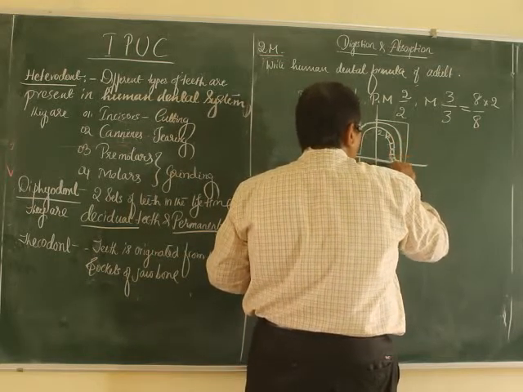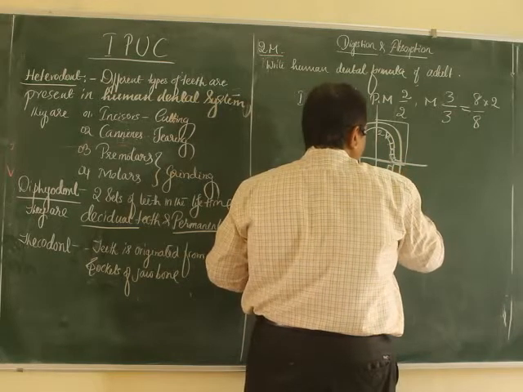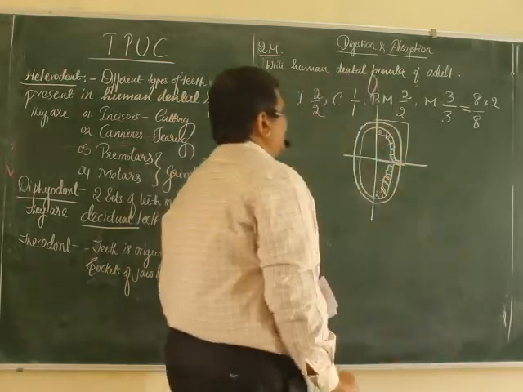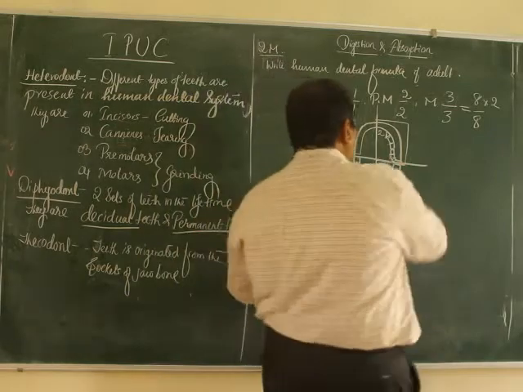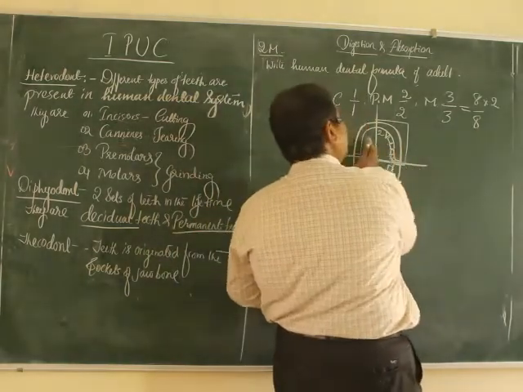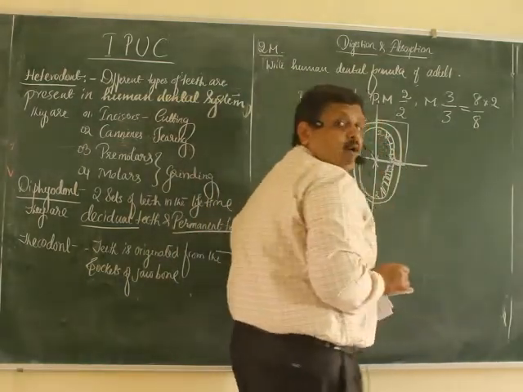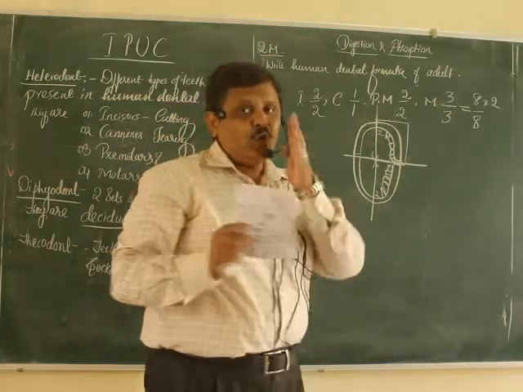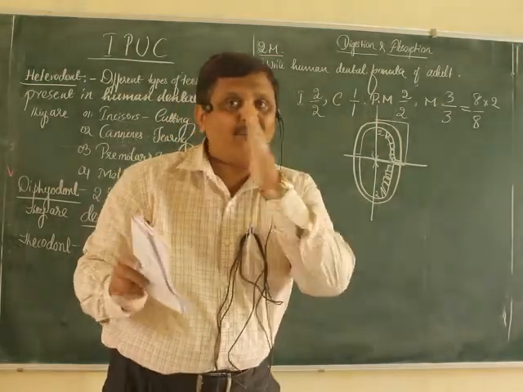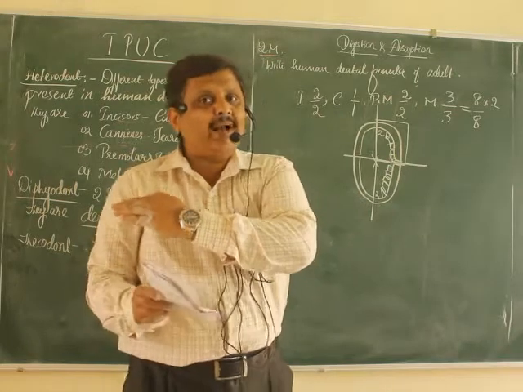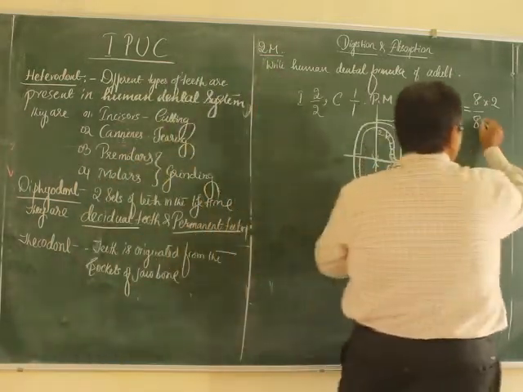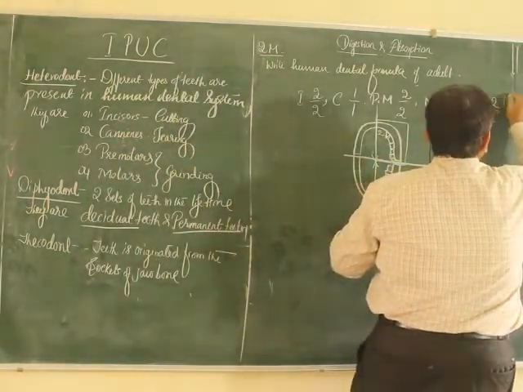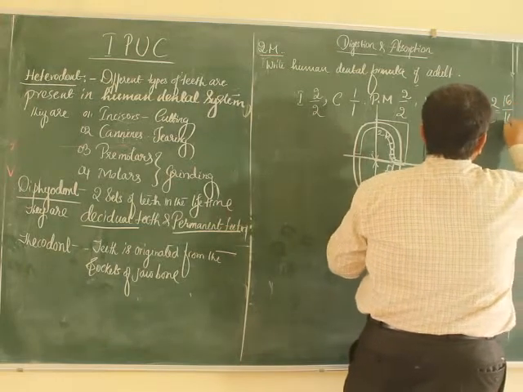Why into 2? Because another side is there. I hope it is clear. I took the count of one side, now I have to count the other side also. So in total, upper jaw 16, lower jaw 16.